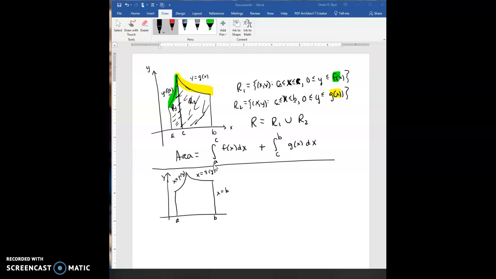Again, this is going to depend on how many different ways we have a lower and upper bound. So now we're integrating with respect to y. We can see that any y that's from here to here, let's put a c there, has the same lower bound as it does upper bound.